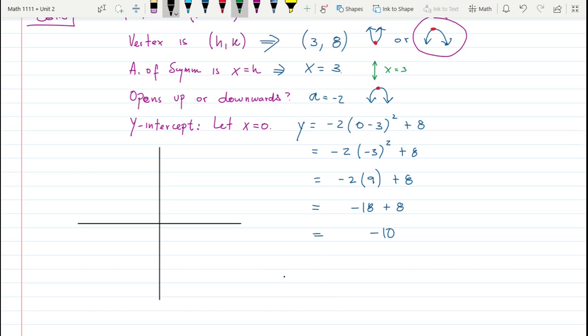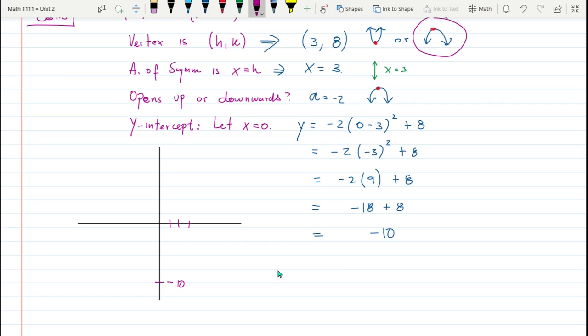So let's try to make a graph here. So 0, -10. We'll make -10 right here. And we'll have the point 3, positive 8.